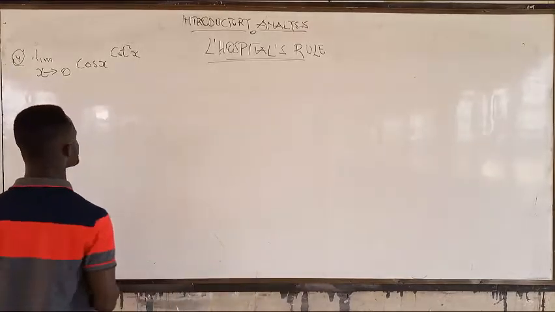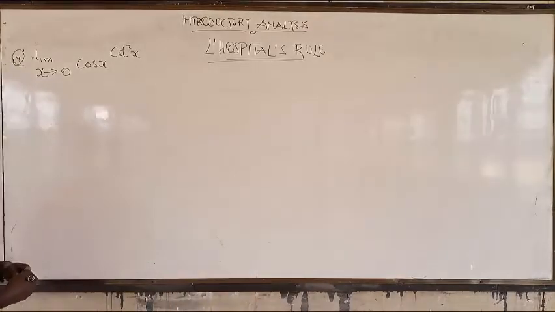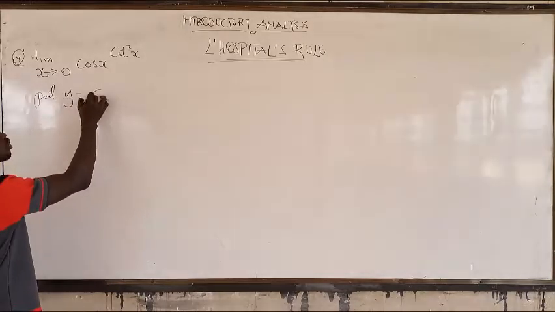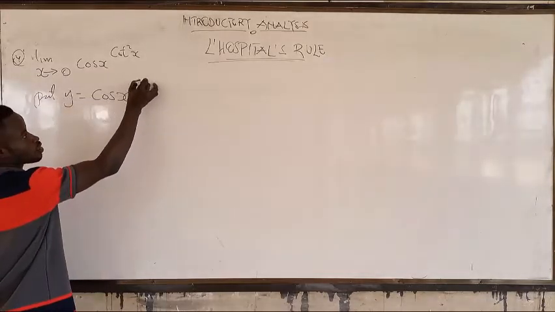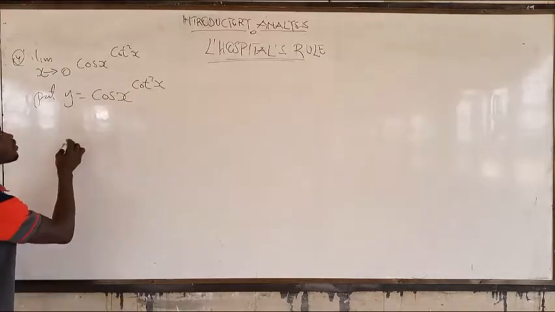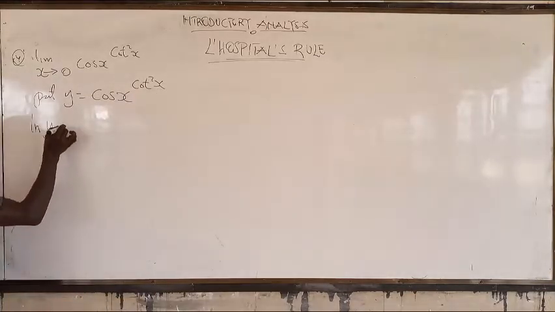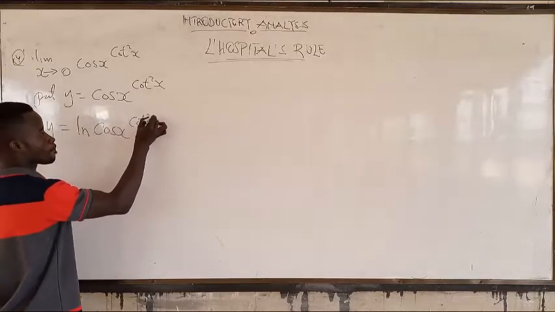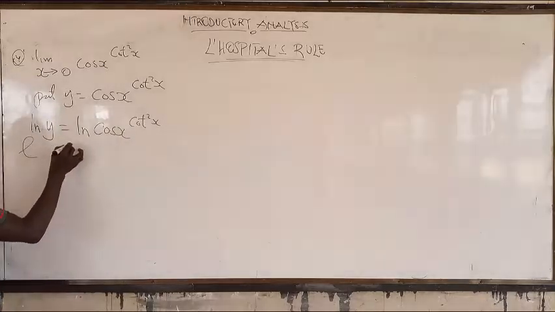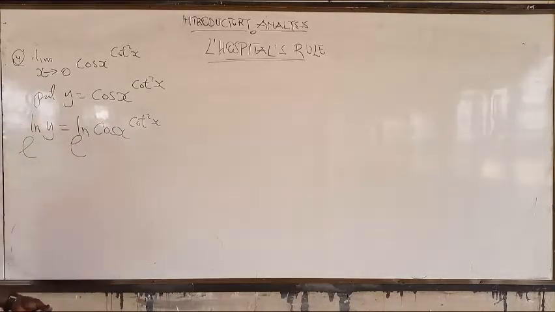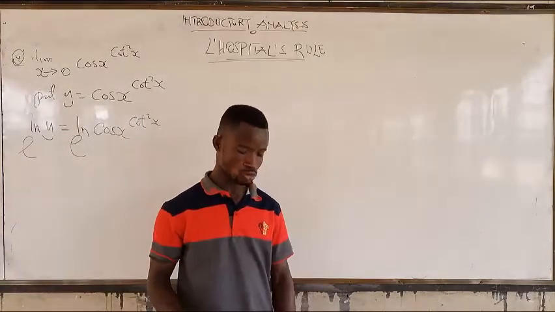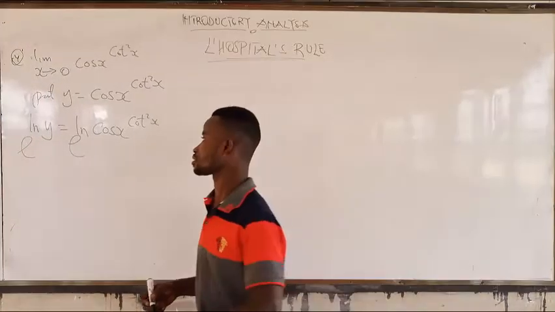So cos s is the f of s here, the g of s here is cos square s. Having this, we put y equal to cos s raised to cos square s. Then we take the natural log of both sides.